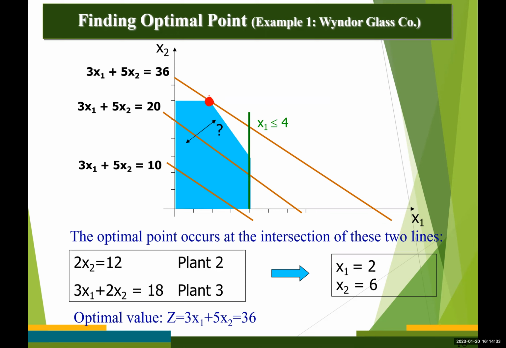So for the non-binding constraint, how do you know that? If there is a positive gap between the line and the optimal point, right? So there is a positive gap between this line and our optimal point here, then this constraint is going to be a non-binding constraint, okay?